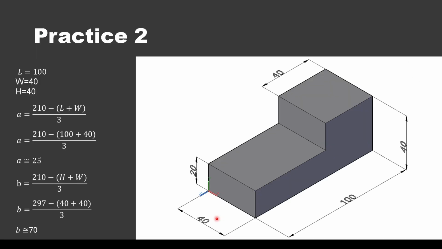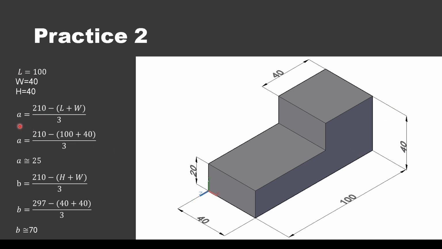To be able to draw the projections, we have to first establish the overall dimensions of the part, and then we have to insert them into the equations for A and B. So the overall length is 100, the width is 40, and the height is also 40.